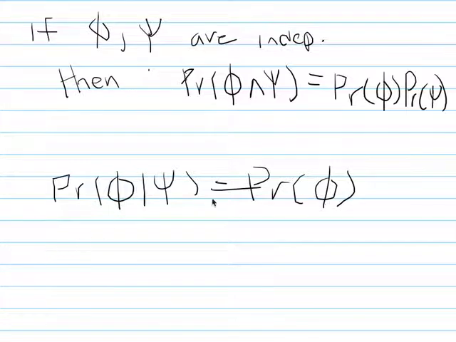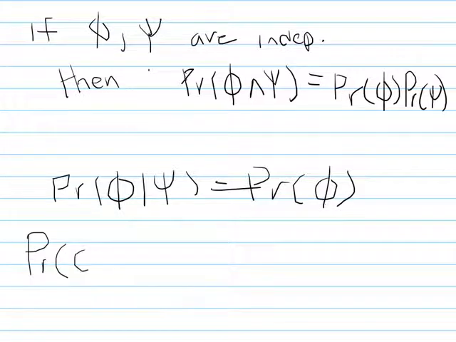So now, given this insight, let me write down again the general way which we just established of calculating conjunctions, regardless of whether they're independent, and see how we can relate that to the simple rule for when they are independent.